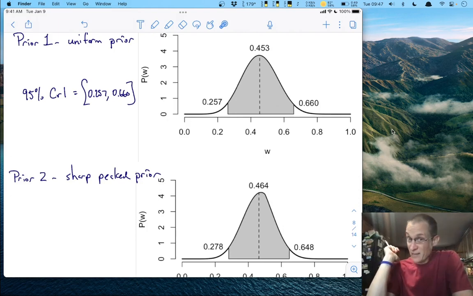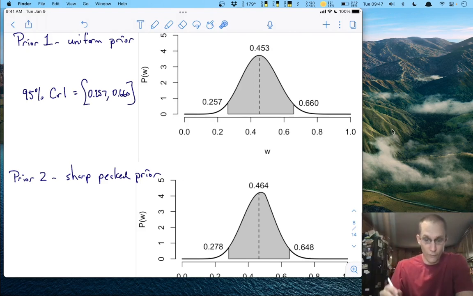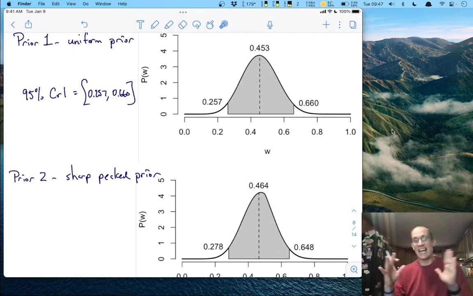Now, notice the numbers are different. The median for this one is a little bit bigger than 0.445. It's 0.464. And you'll also notice that the endpoints are drawn in just a little bit. Instead of going all the way out to 0.257 on the left, the left endpoint is at 0.278. And this one's a little closer to the median as well, 0.648. So you actually get a tighter interval when you use this sharp-peaked prior.